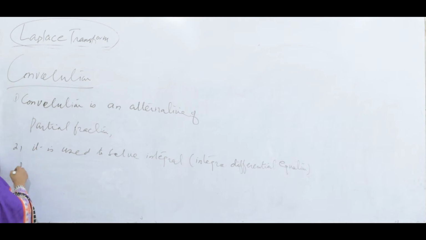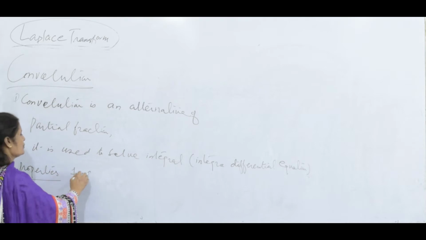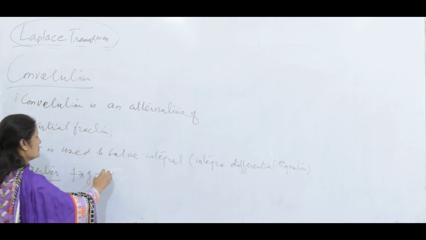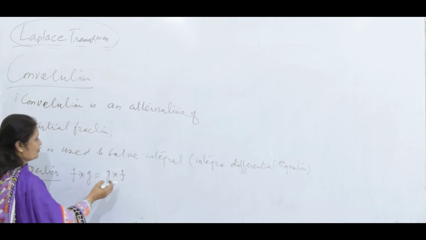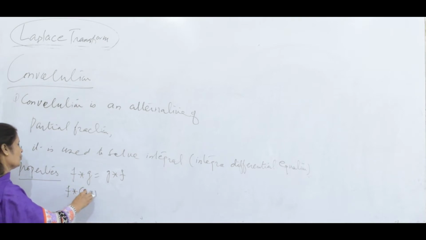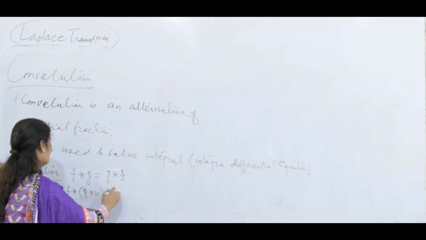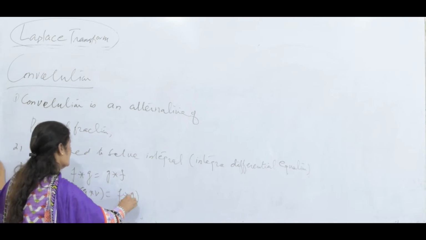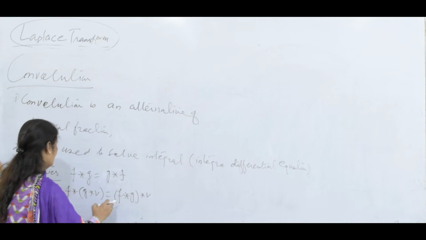Properties. There are a couple of properties of convolution. Convolution is commutative. Convolution means this star; this asterisk represents the convolution. And it is associative: f convol (g convol v) is equal to (f convol g) convol v.